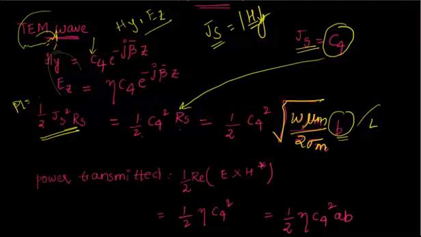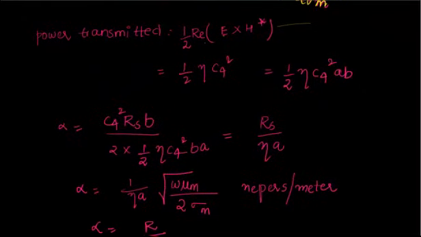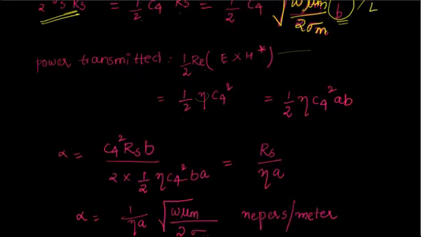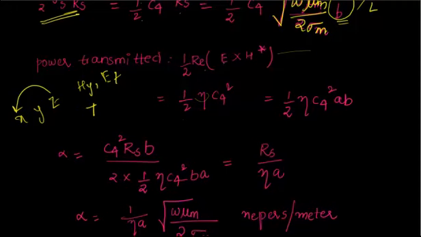Now the power transmitted is half into the real part of E into H conjugate. That is half into eta. The only components here are HY and EZ. X, Y, Z: you are multiplying Z and X, which is in the clockwise direction, so you get a positive sign.